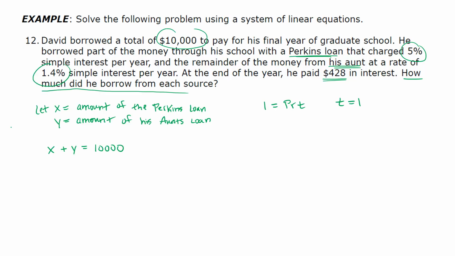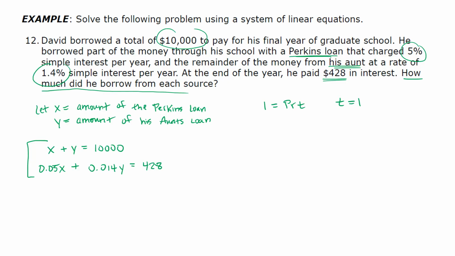So to find the interest of the Perkins, we're going to take x times its rate, R, which is 5%. So that will be 0.05x. For his aunt, it's 1.4%. So that would be 0.014y. And it equals 428. Okay? So that is our system.